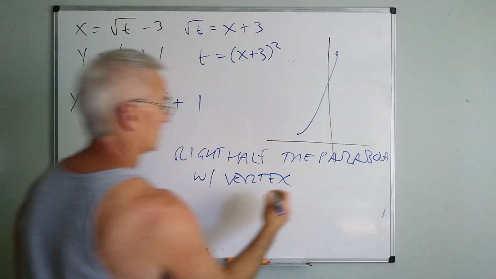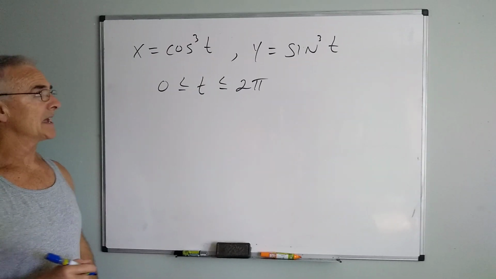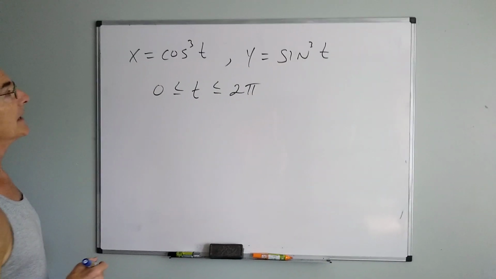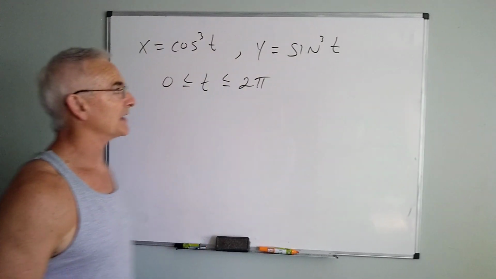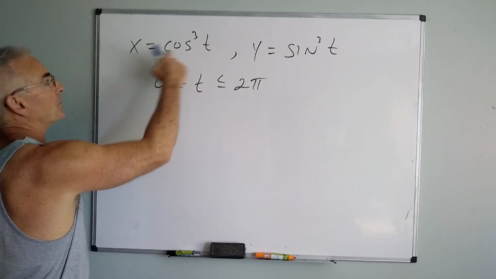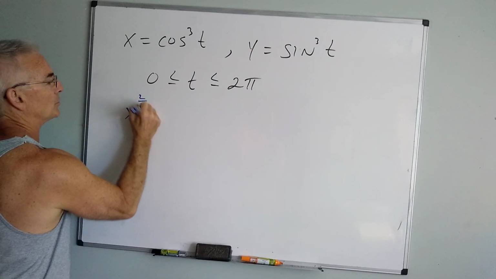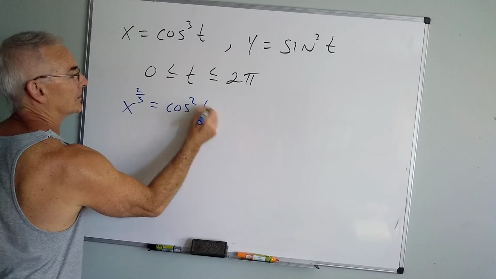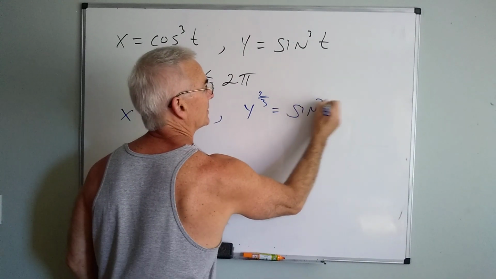And finally, let's look at a fairly complicated example. Now, I don't have cos squared plus sine squared available in this problem unless I rework this. So if I raise both of these quantities to the 2/3 power, I would get x to the 2/3 equals cos squared t, and I would get y to the 2/3 equals sine squared t.